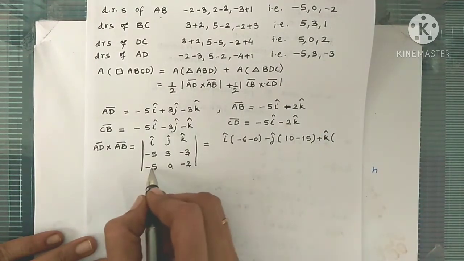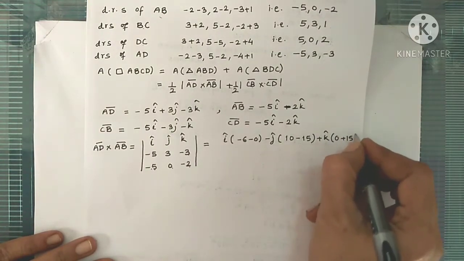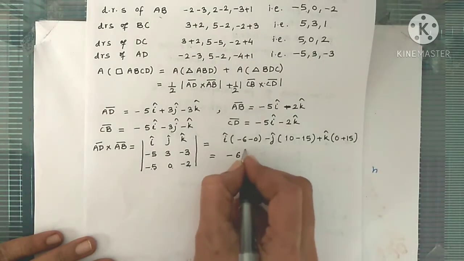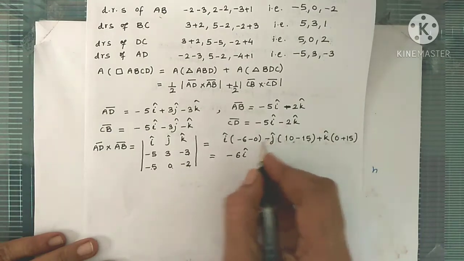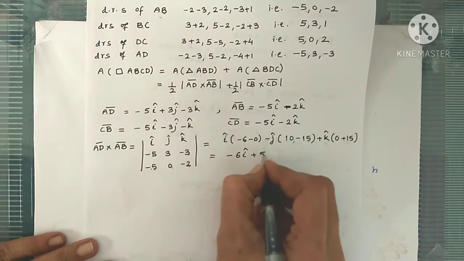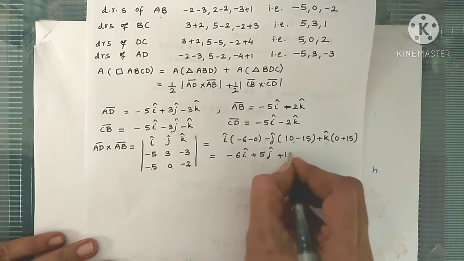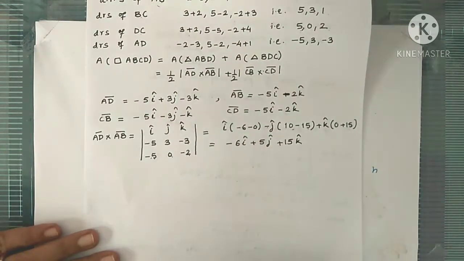Now it is 0 minus minus, plus 15. So that becomes minus 6 i cap. Then 10 minus 15 is minus 5, and here we have a minus sign, so this becomes plus 5 j cap, and the last one is 15 k cap. So this is AD bar cross AB bar.